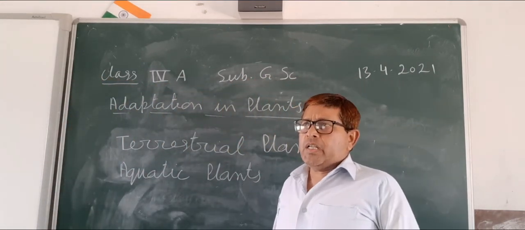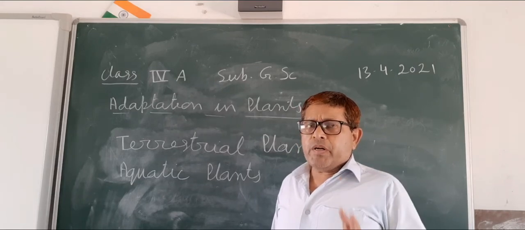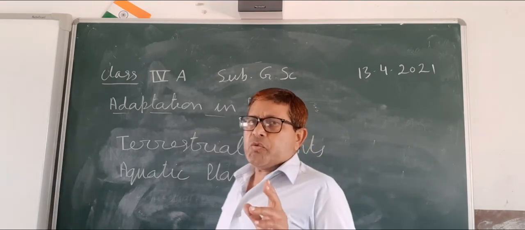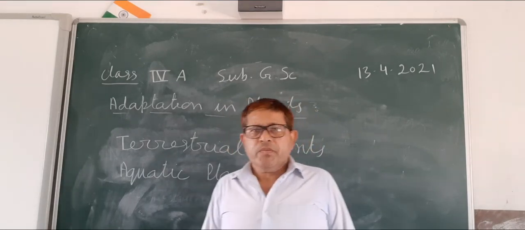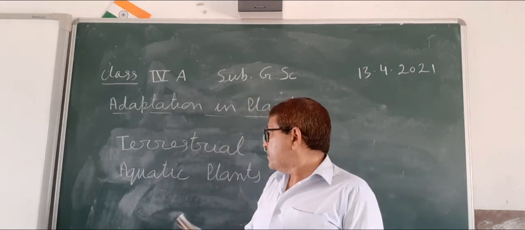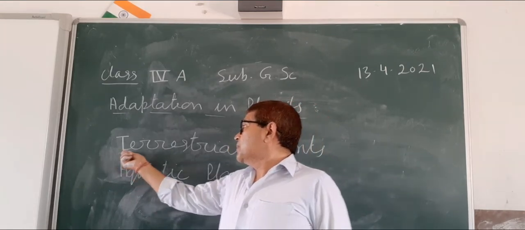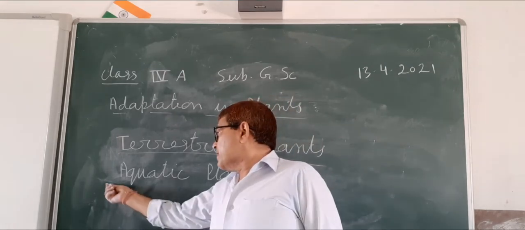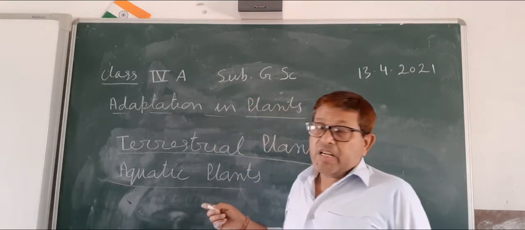Two types broadly, if we broadly classify, plants can be categorized into two categories. One is terrestrial plants and the other is aquatic plants.